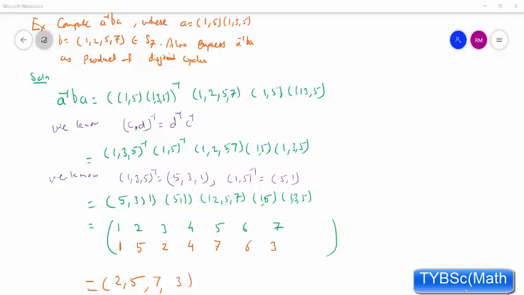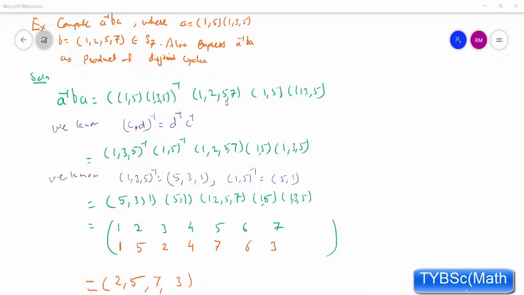Why this example we are going to study, we will also discuss. So first of all, observe, consider A inverse B A and substitute the value of A, that means this product of two cycles, bracket raised to the power -1.